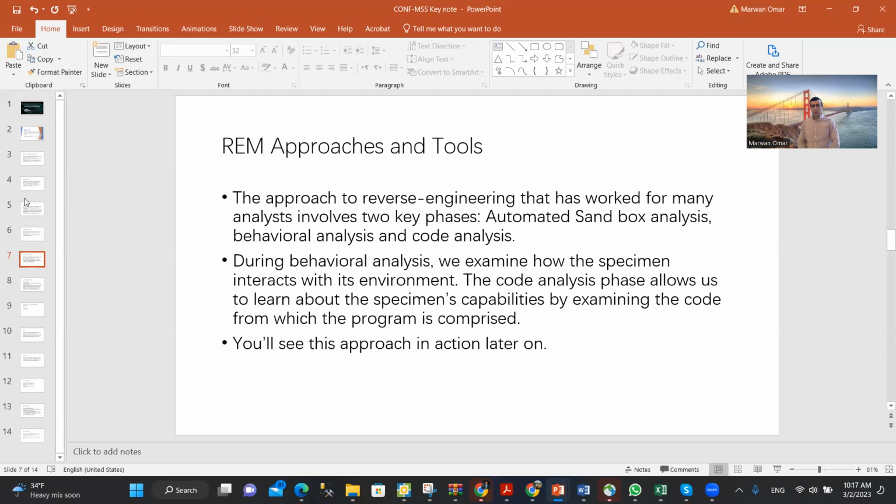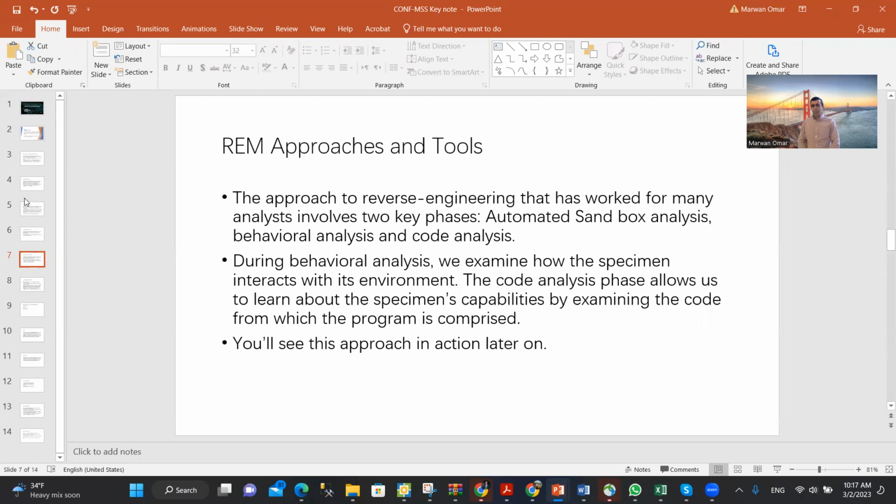So the approach to reverse engineering that has worked for many analysts, meaning malware reverse analysts or malware analysts, involves key phases: automated sandbox analysis, behavioral analysis, and code level analysis.